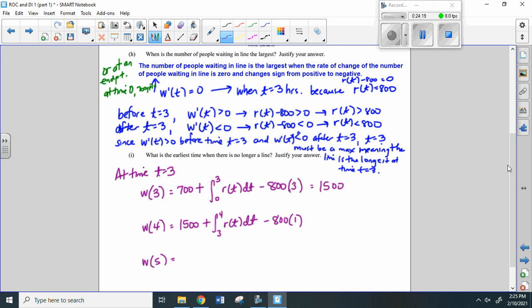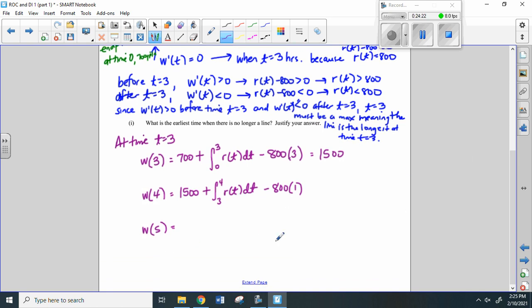And you definitely should work them out, okay? And just to let you know, for W of 4, again, you should go back and practice this. You should get 1,300. For W of 5, you should get 900. So you can tell the number of people in line is definitely decreasing. All right, when you work out W of 6 and you just decide how you're going to work that out, you should get 500.